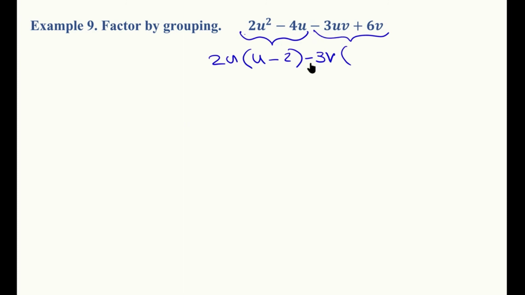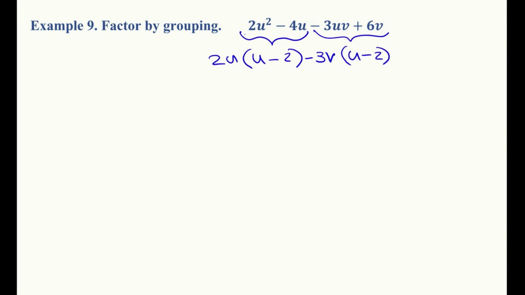So let's see what that will leave us. What do we need to multiply negative 3v by so that we get negative 3uv? Notice all that's missing is u. And what do we have to multiply negative 3v by to get positive 6v? Notice we do need a negative, so that negative times negative becomes positive, and we need a 2 so that 2 times 3v will give us 6v.